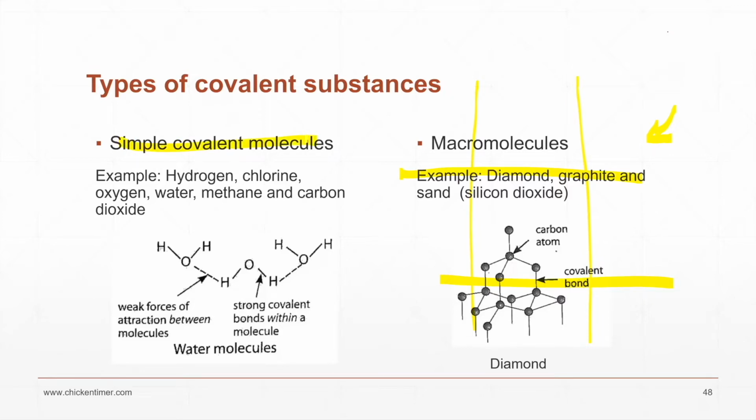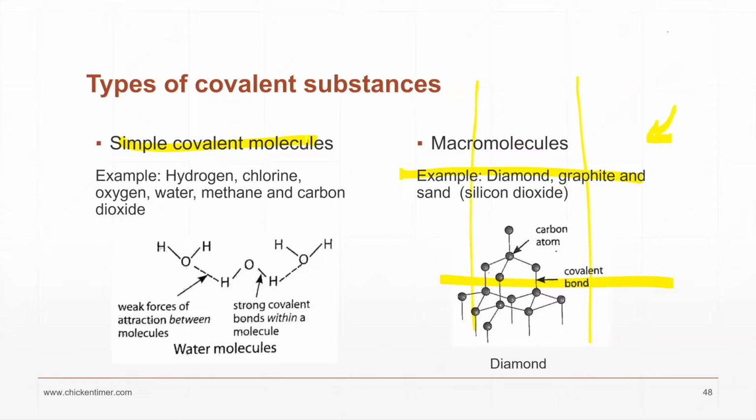Simple covalent molecules can be like your hydrogen, chlorine, oxygen, water, methane, carbon dioxide that you drew just now. I don't think we drew hydrogen. Did we draw water? No, right?